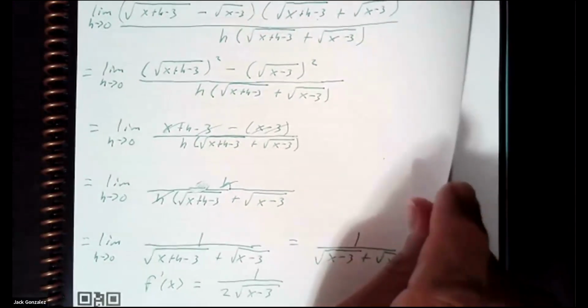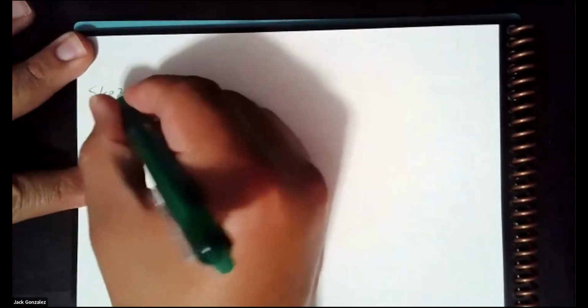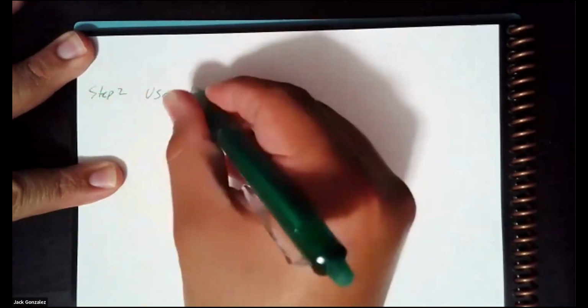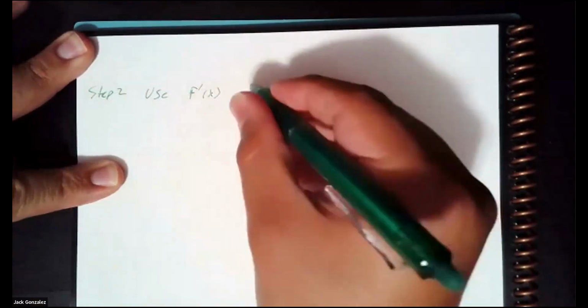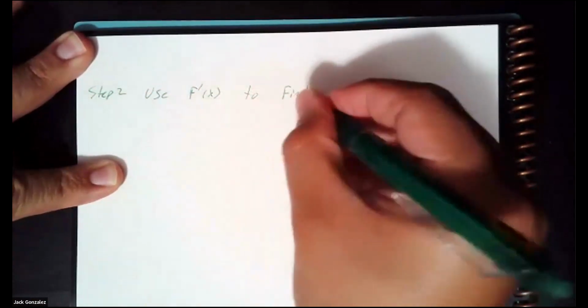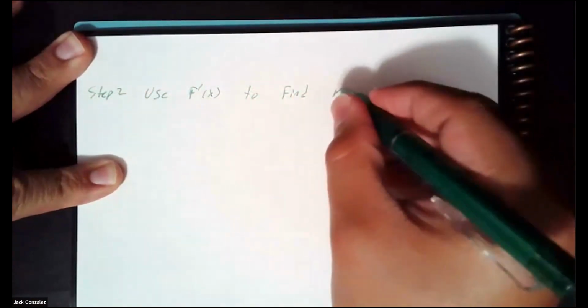Just tell me. Step 2: use the derivative f prime to find m tangent.